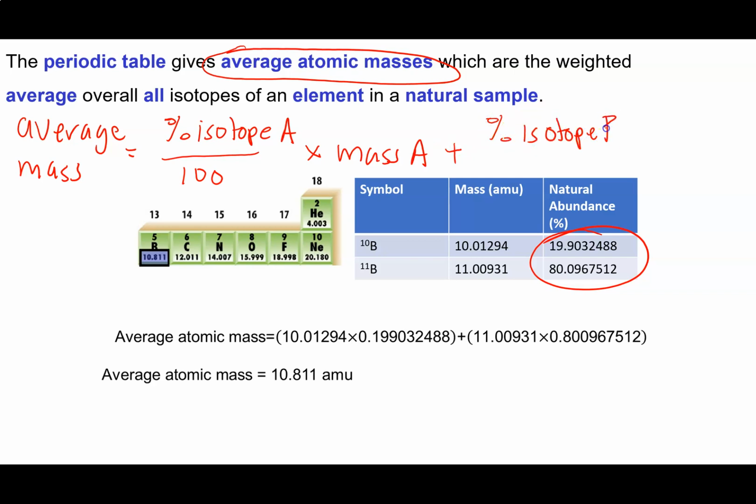So the percent of isotope B over 100 times the mass of isotope B, and so on for as many isotopes as you have.